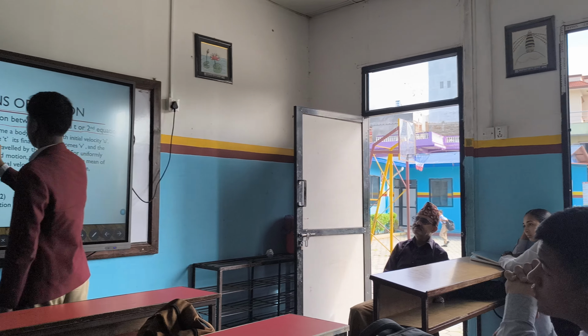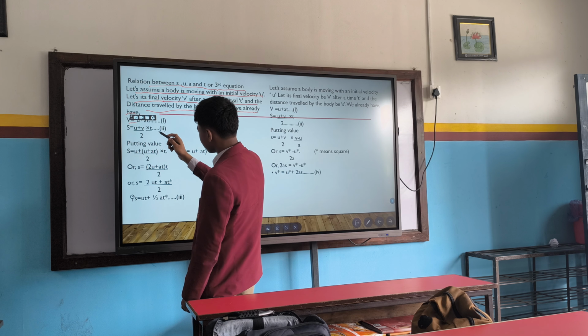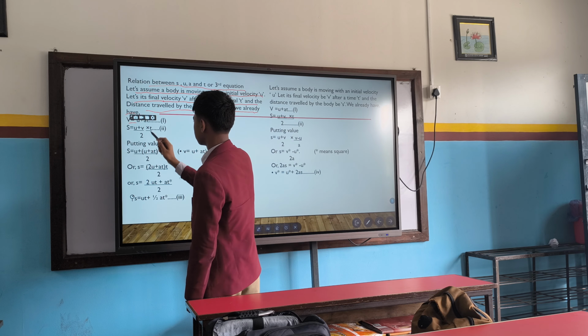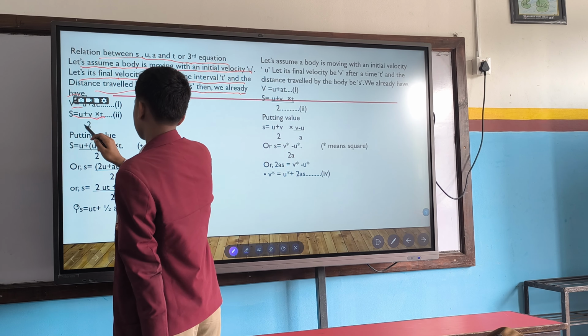Relation between s, u, a and t, or third equation. Let's assume a body is moving with an initial velocity u, its final velocity v after a time interval t, and the distance traveled by the body is s. Then we already have v equals u plus at, first equation, and s equals u plus v into t by 2.